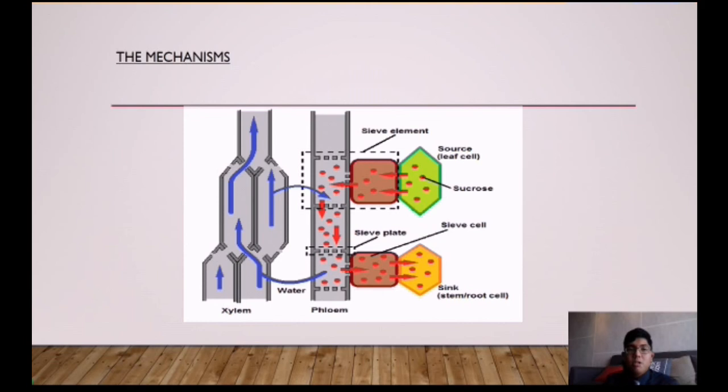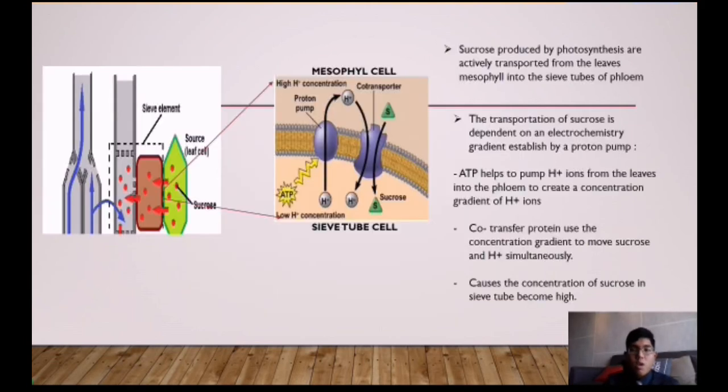Now we will go to the mechanism of the phloem flow, where we will start with the movement of sucrose from the mesophyll of the leaves into the sieve tubes of the phloem, a process that depends on the concentration gradient of hydrogen ions. So how does that happen?